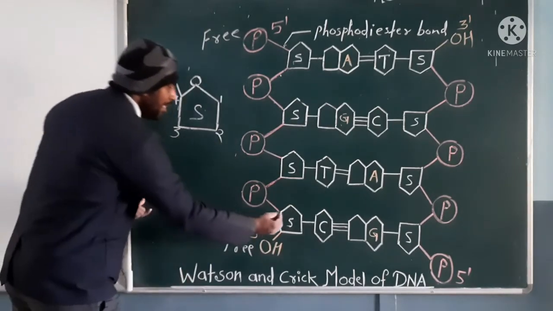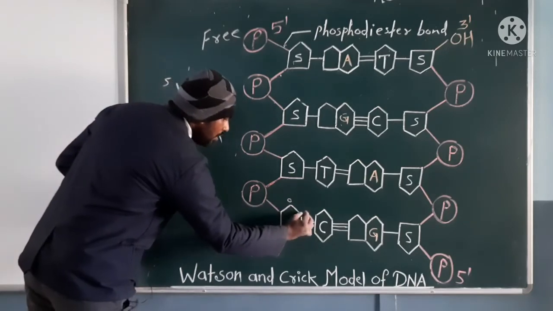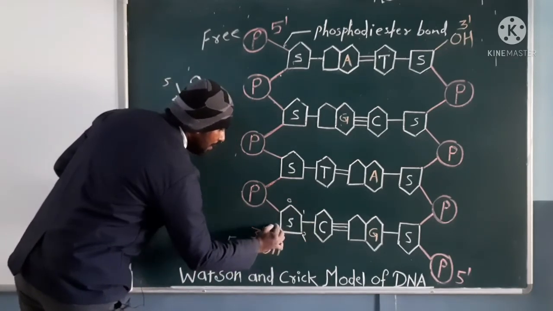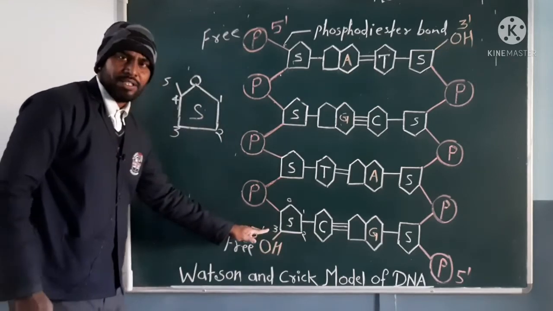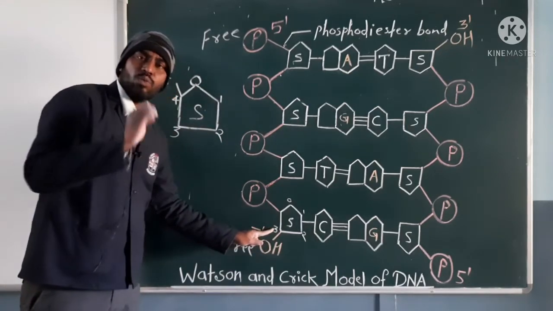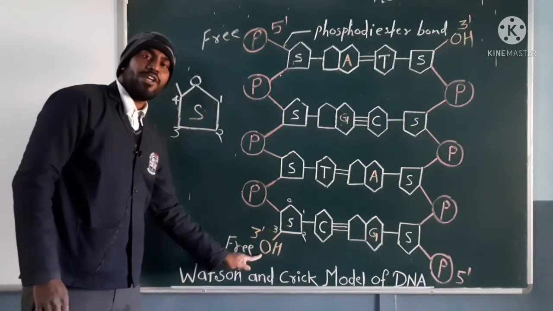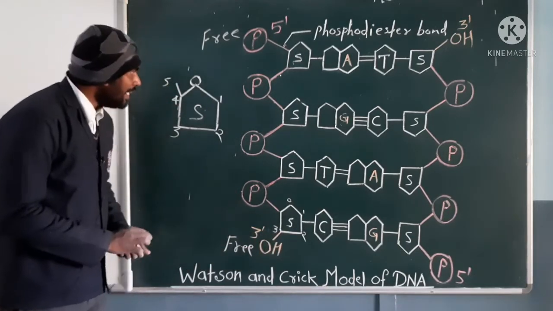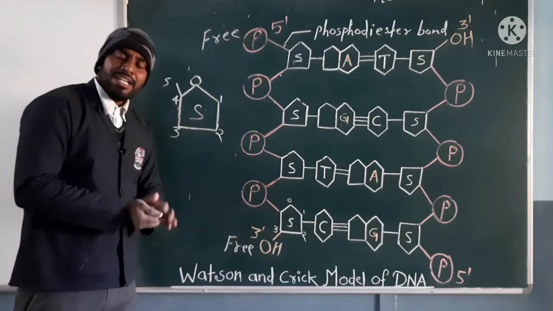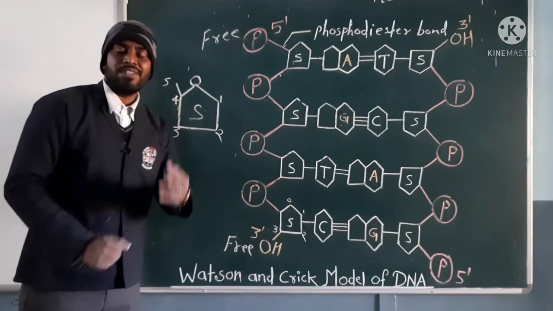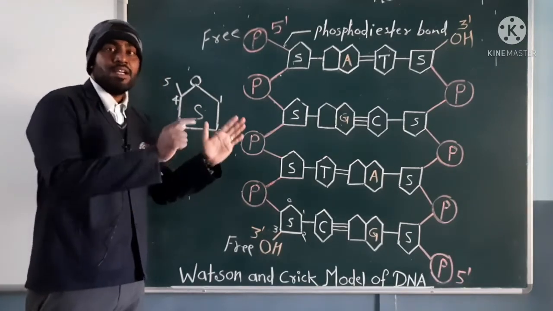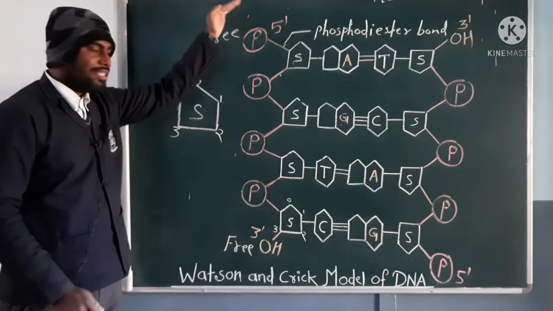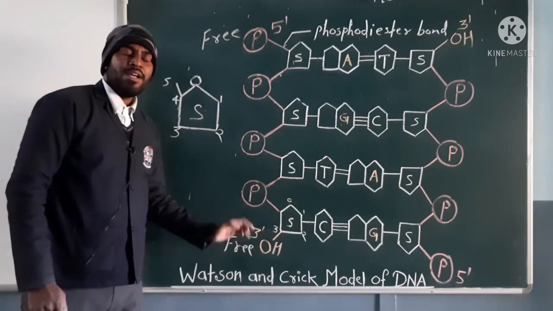You can easily count: there is oxygen, the 1st carbon, 2nd carbon, and the 3rd carbon. With the 3rd carbon, one free hydroxyl group is associated. Because of this property, DNA shows 2 specific polarities, that means 2 specific ends, the 5 prime end and the 3 prime end. Okay, I think you will remember it in an easy manner.